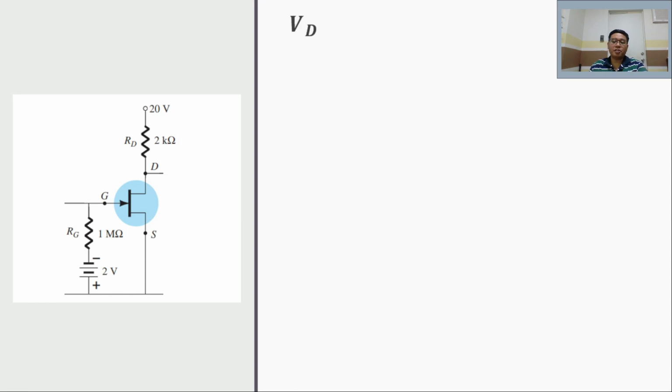The drain voltage VD can be calculated from the drain node to the ground. Let us draw the equivalent circuit from the drain node to ground.